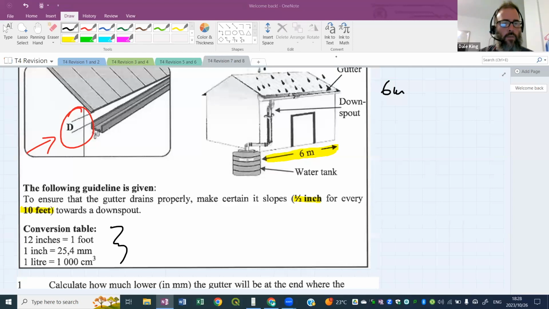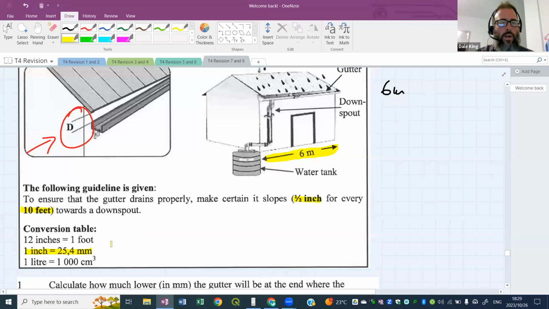So what I'm looking at is I need to go from meters into feet. The only conversion between the metric and the imperial that I have is this one here. 1 inch is 25,4 millimeters. That's the only conversion from the metric into the imperial. So I've got to use that one somewhere along the line.